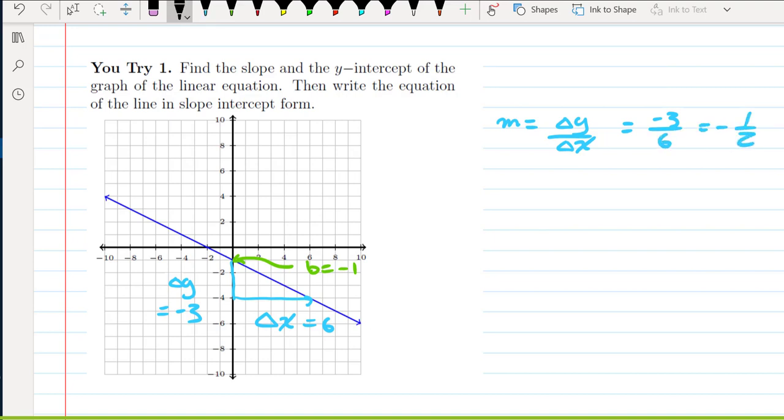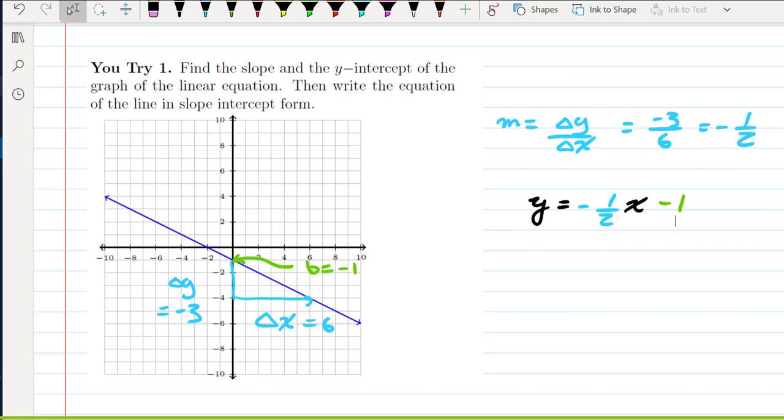So then the equation of my line would be y equals -1/2 x plus our b value in this case, which is -1, or we can just write that as -1. So this problem really is just putting together all of the stuff that we did in our previous section 1.3.